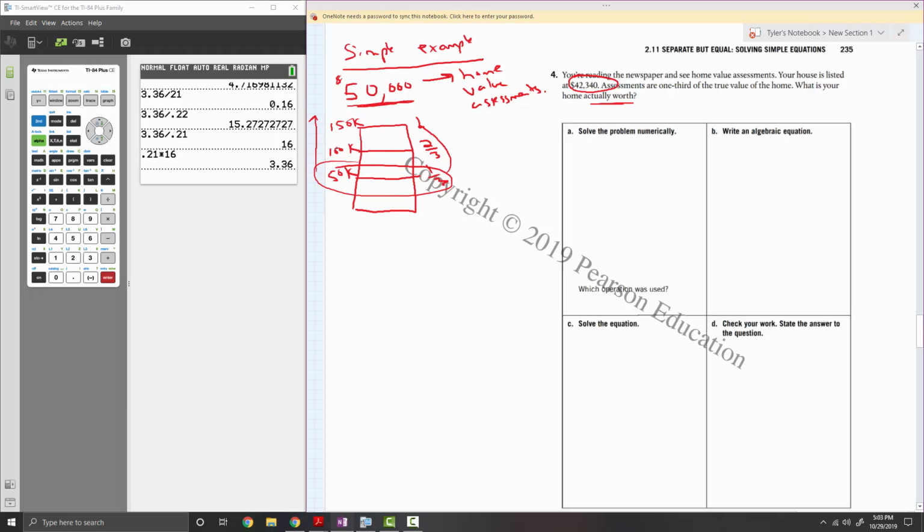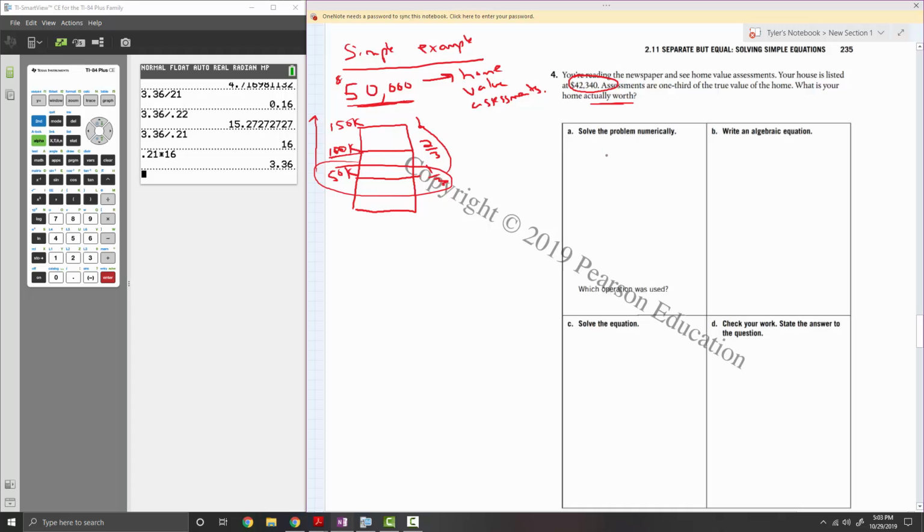If you're unsure of how I got 100 and 150, just think about this as units. 50,000 is 1/3, so 2/3 is just taking 50K and adding 50K to it. You're doubling, so you get 100,000, and then 3/3 is 1 more third, so I'd have to take 100 plus the 50 to get 150,000.